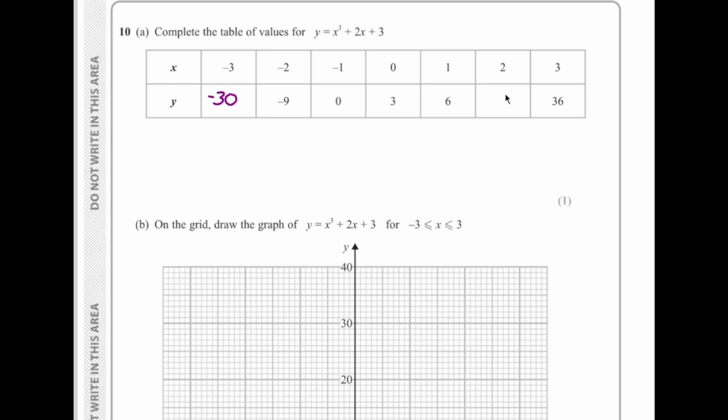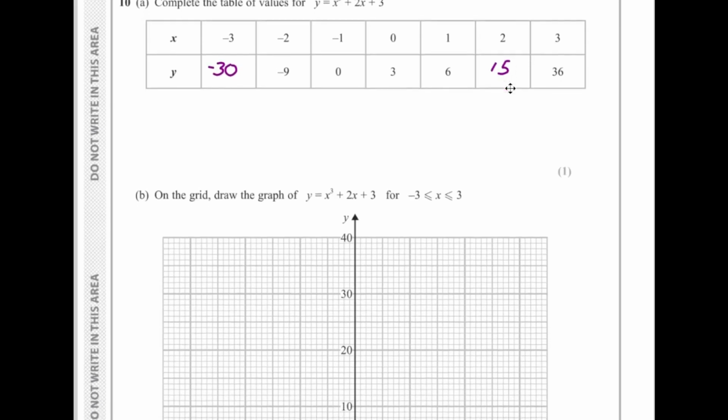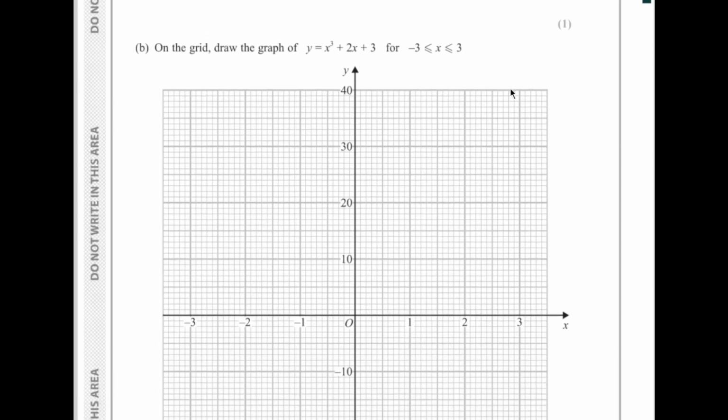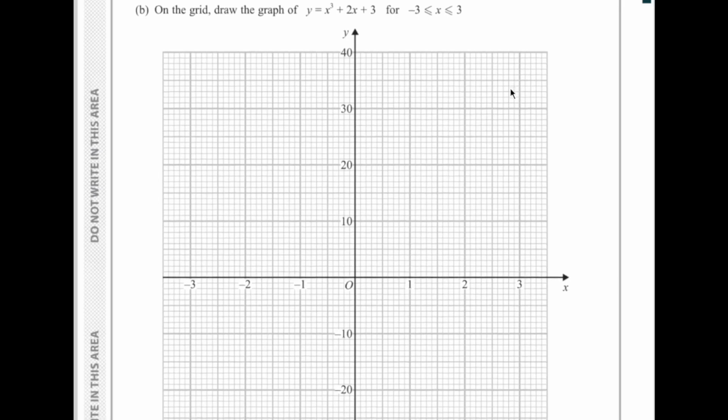And when x equals 2, y value is 15. Now let's plot this and draw the curve. On the grid, draw the graph of y equals x cubed plus 2x plus 3 with the range of x greater than or equal to minus 3 and less than or equal to 3.